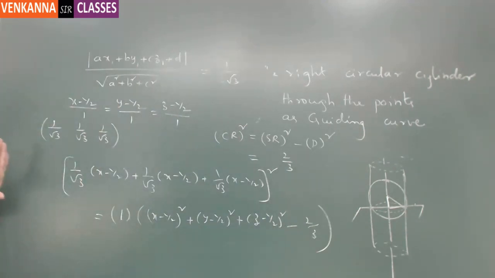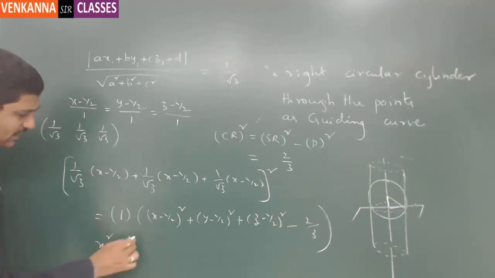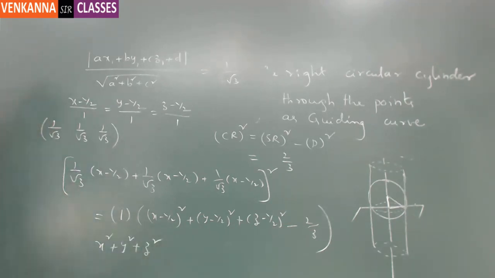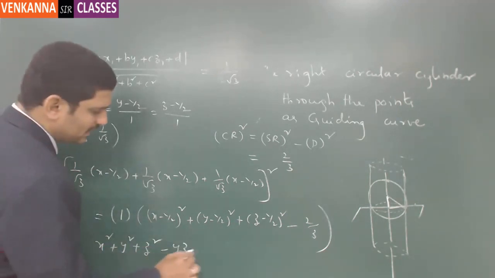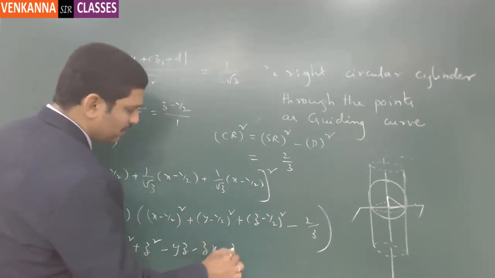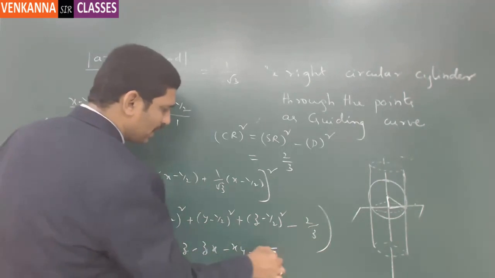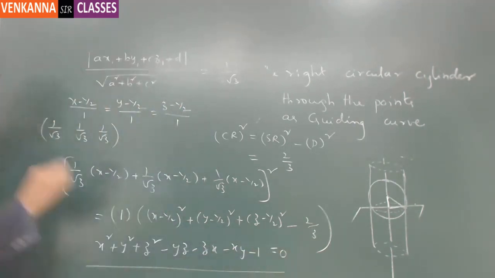So I have substituted the values in that one. On simplifying, you will get the equation as x square plus y square plus z square minus yz minus zx minus xy minus 1 equal to 0.